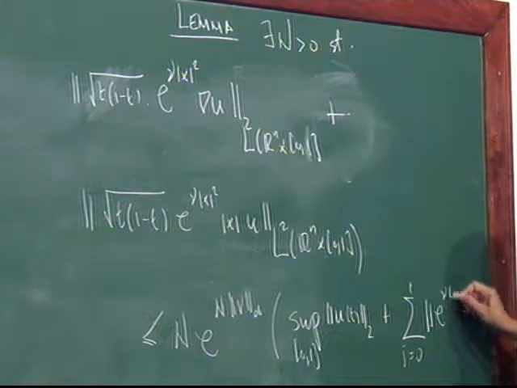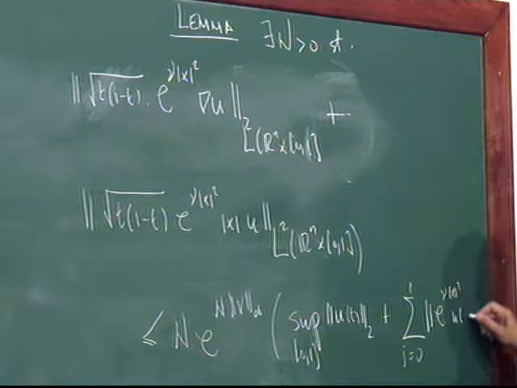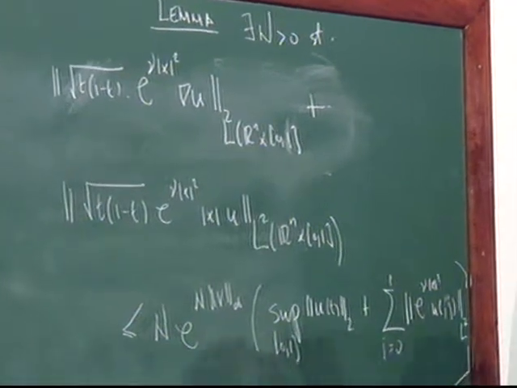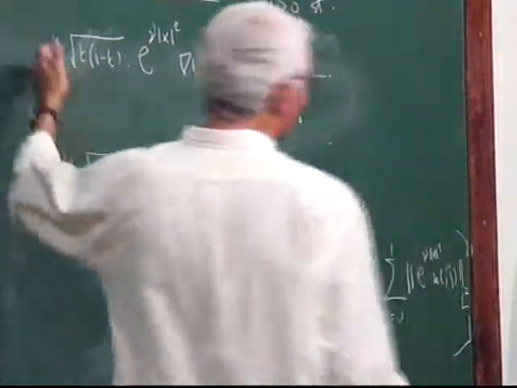What happened with the exponential weight? J L2. This is the last thing that we need to prove.